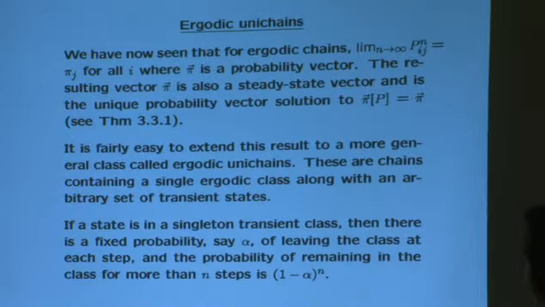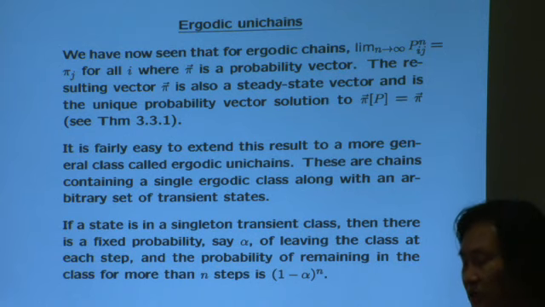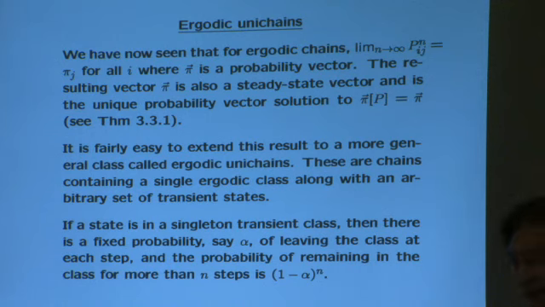So now we have these transient states. In this Markov chain, there exists a path from each transient state to a recurrent state. Once it leaves the transient state and goes to a recurrent state, it's never going to come back. So there is some probability alpha of leaving the class at each step, some transition probability out of the transient state.